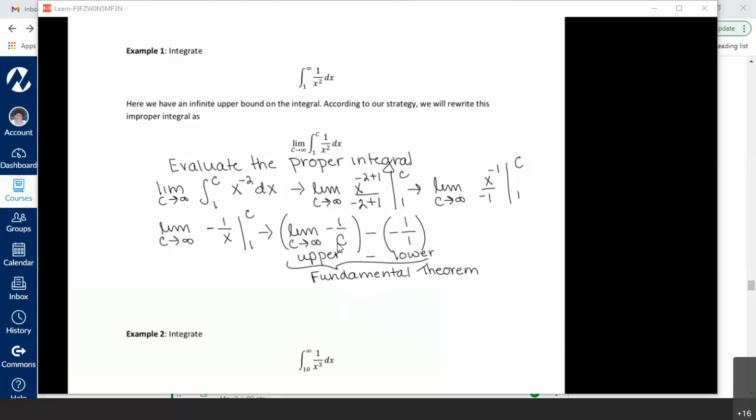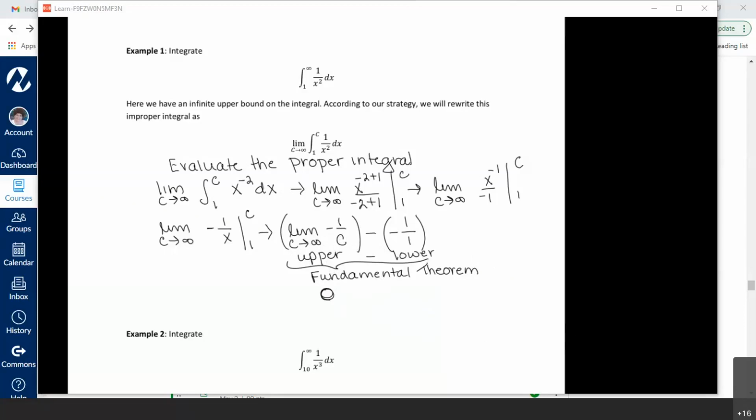The denominator is what's getting large. So if the denominator of a fraction blows up, this becomes 0. It's approaching 0 from the negative side, but it's still going to 0. So the value of this limit is 0.